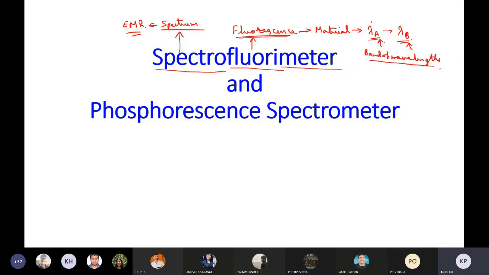However, the maximum absorption is at lambda A. So these are maximum values. Lambda B is also a maximum value.